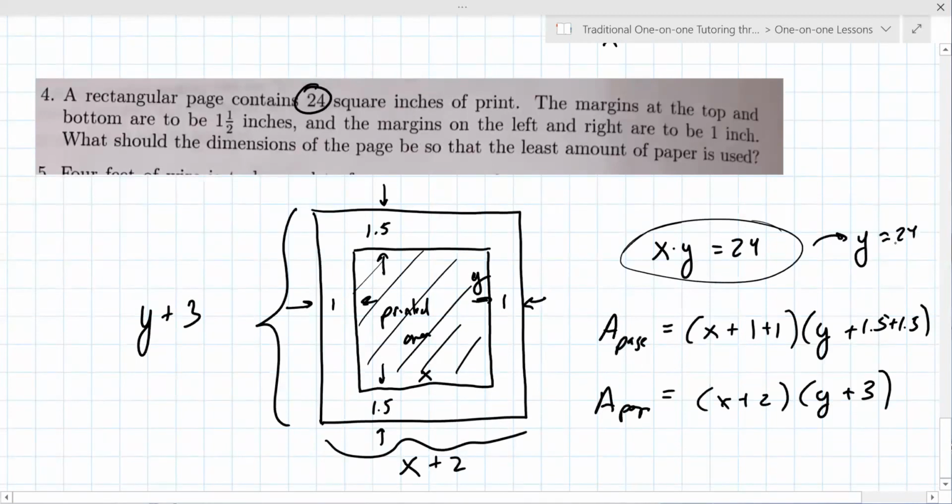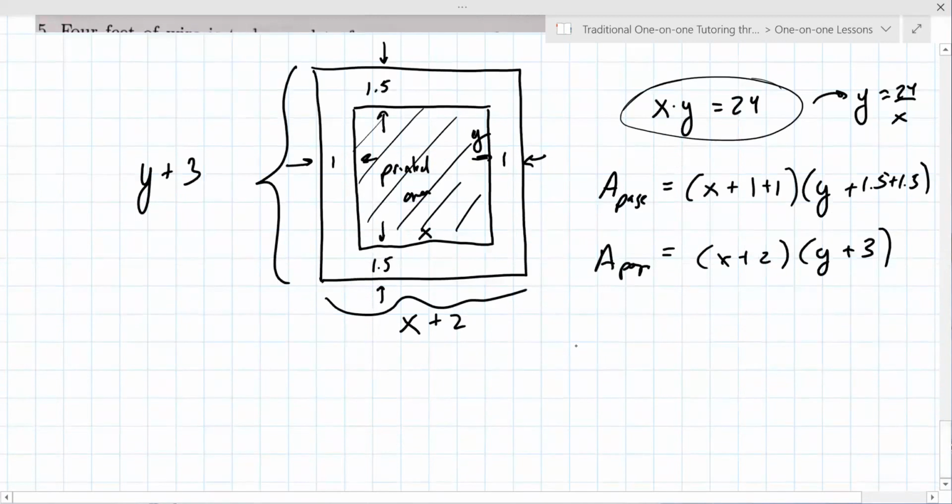So Y is 24 over X. So the area of the page, the thing you're trying to optimize, is X plus 2 times 24 over X plus 3. And this is the thing you're going to take the derivative of.